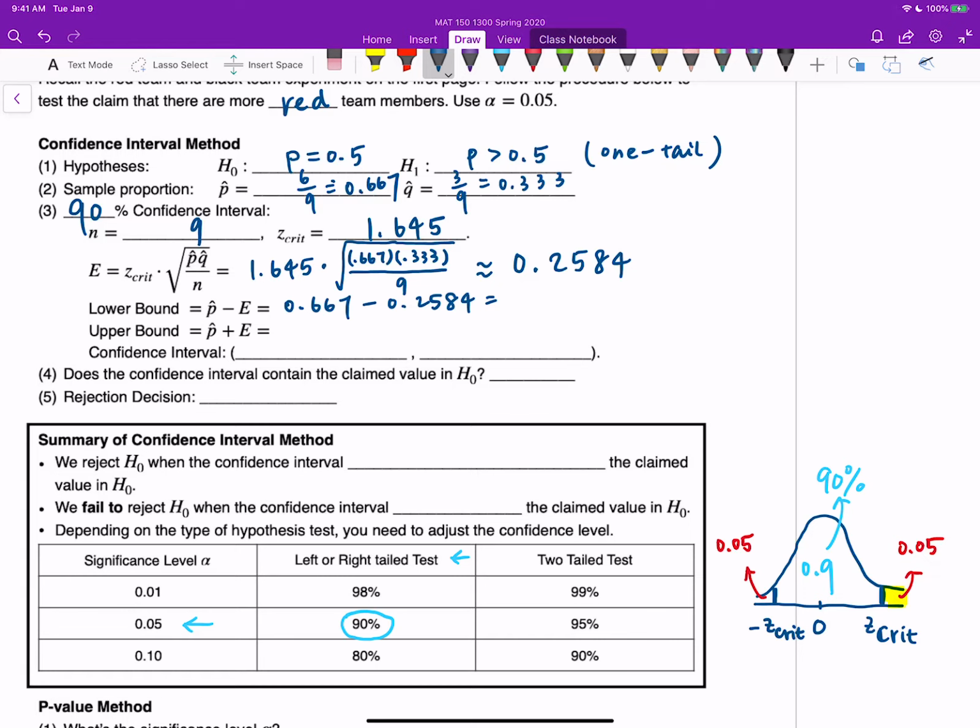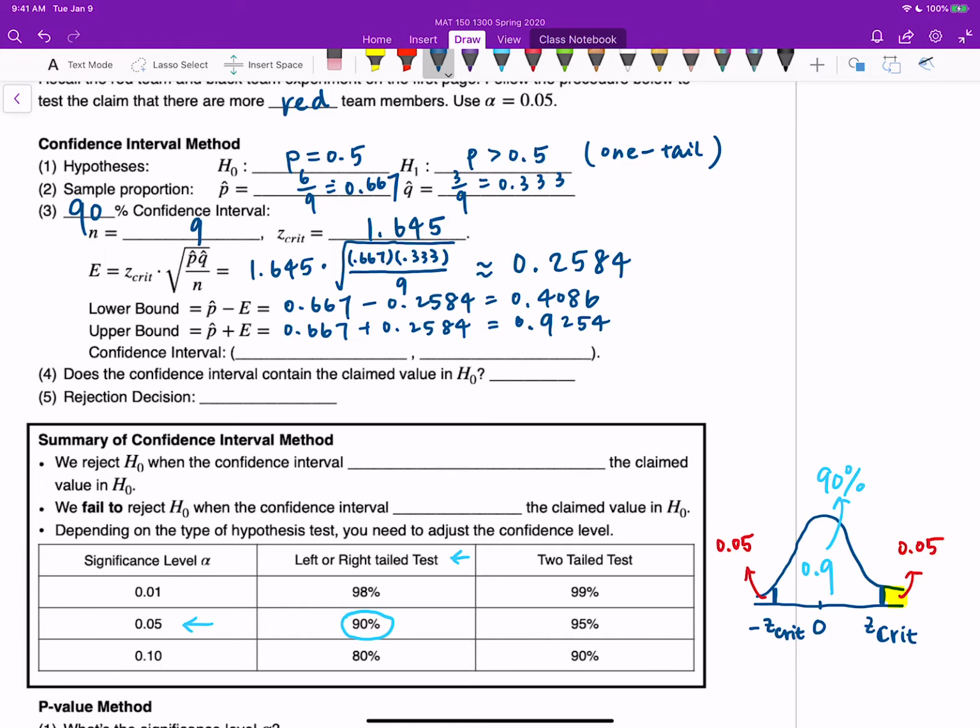According to my calculator, I got 0.4086 as my lower bound. Upper bound, instead of subtracting, you're going to add. According to my calculator, it's 0.9254.